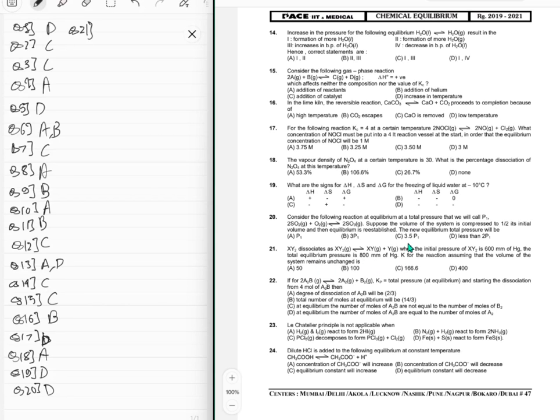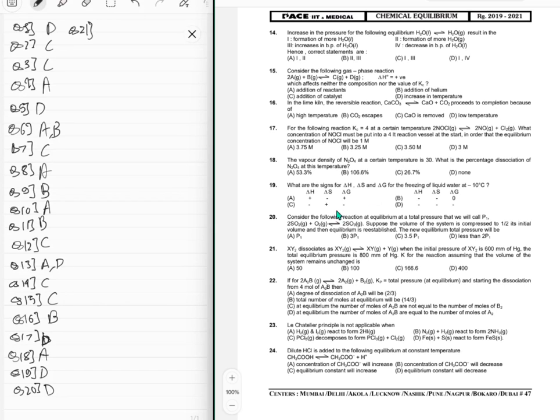Right, so initially it was 600 millimeter Hg, that was your XY2, and the volume of the system remains unchanged, and then it just goes to XY. Total equilibrium pressure is 800. So 600 times 1 plus alpha is 800. Alpha is 8 upon 6 minus 1, which is 2 upon 6, which is 1/3. So 1 minus 1/3 is 2/3.